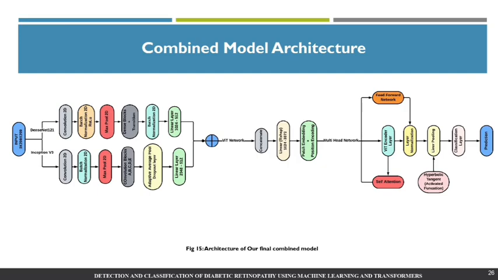This is the complete architecture of our new model, which is a fusion of Inception V3 and DenseNet 121, incorporated with the Vision Transformer. It processes the input image through Inception V3 and DenseNet 121 paths in parallel, extracting diverse multi-scale features.